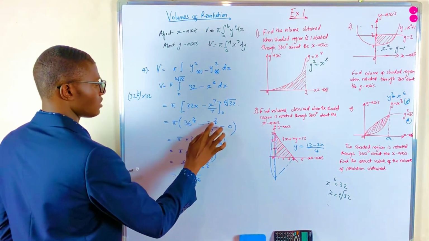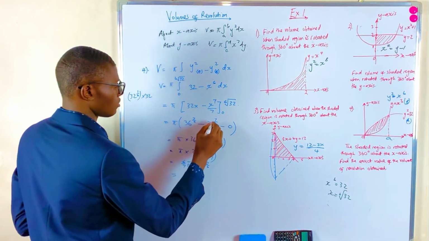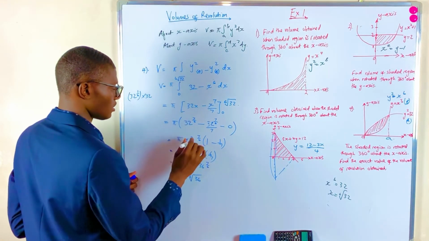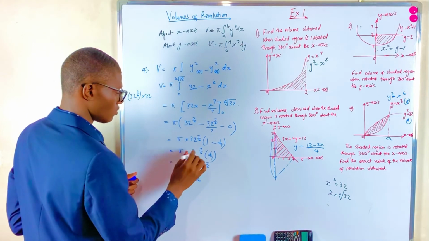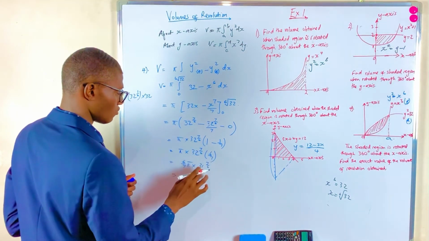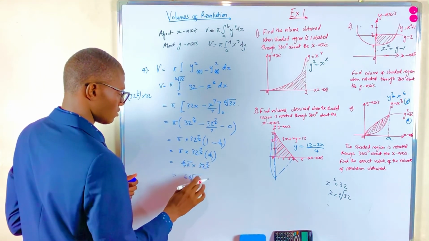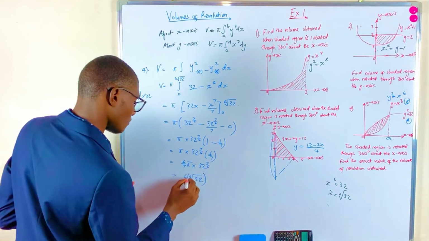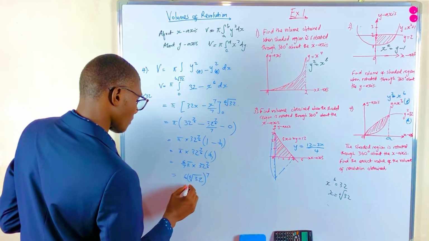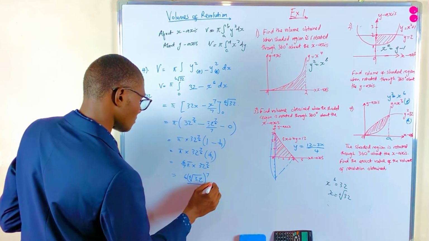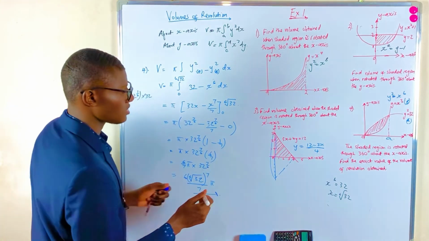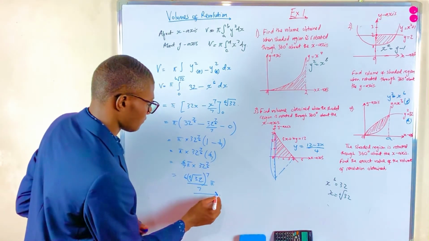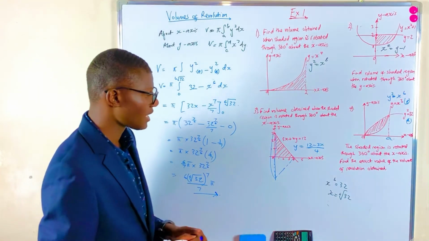So it's 32 there, 32 here, 32 there, and 32 here, to the power of 7, over 7 times pi. So this is the result that we get for the last question.